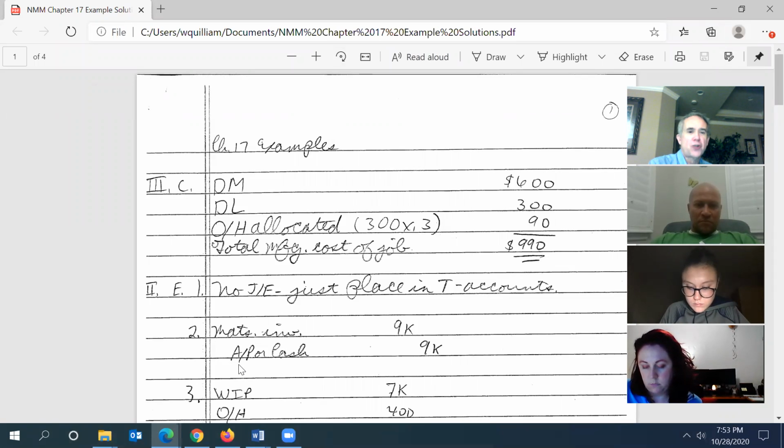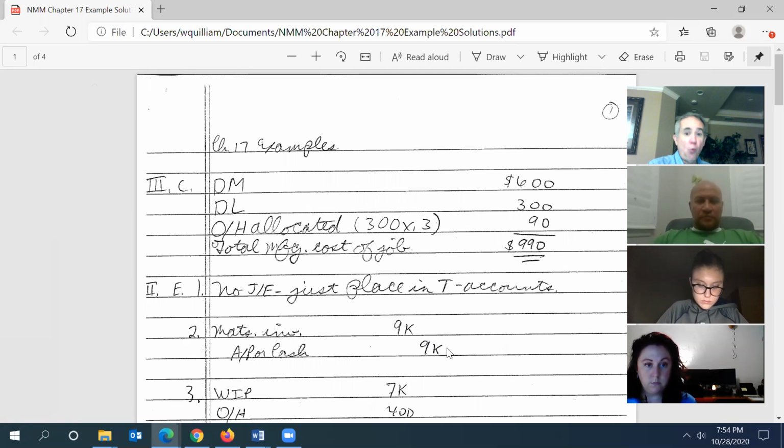So if we say charge it on account, we will increase or credit our accounts payable. If we pay cash instead, we will credit or reduce our asset of cash. Does that journal entry make sense? So again, increase the asset of materials inventory, decrease the asset of cash, or increase the liability of accounts payable with a credit.